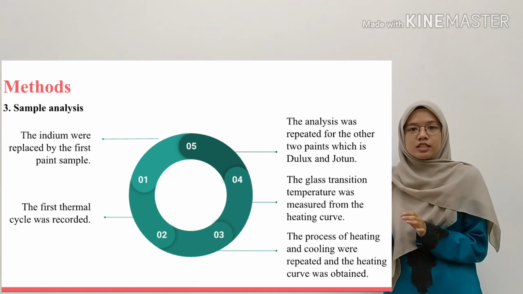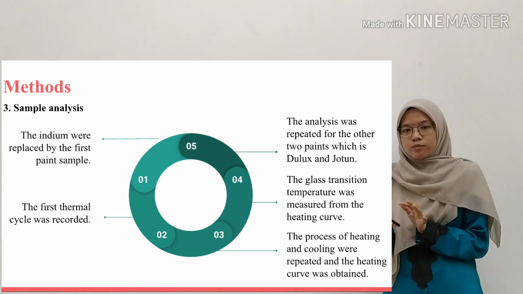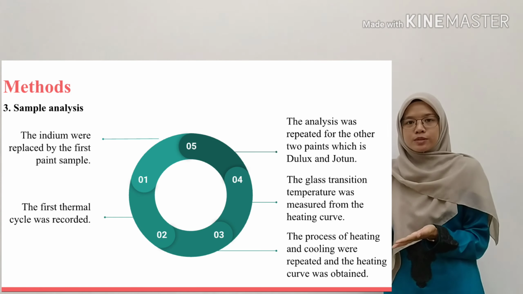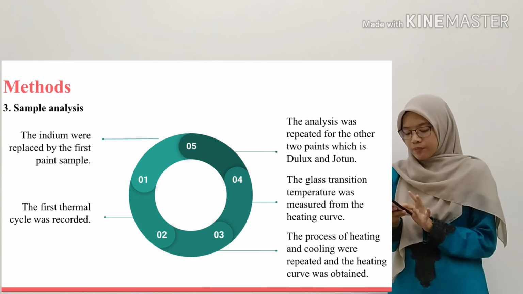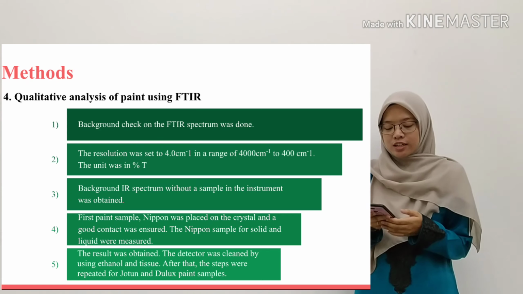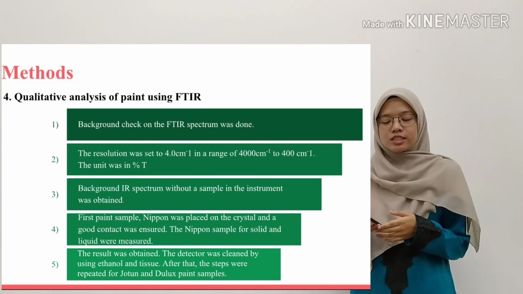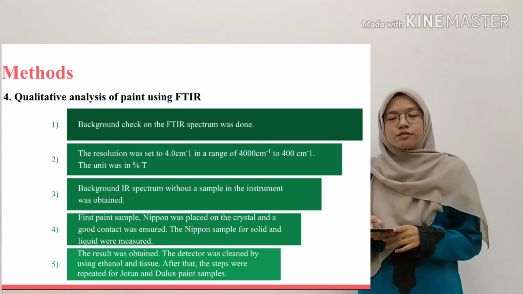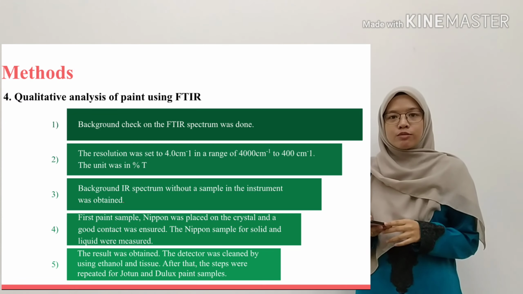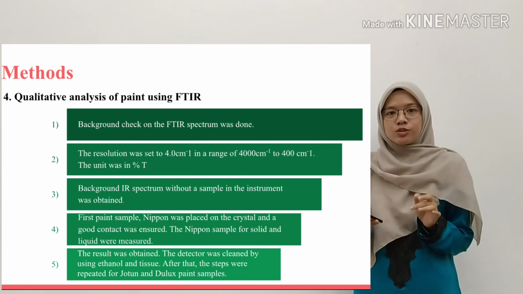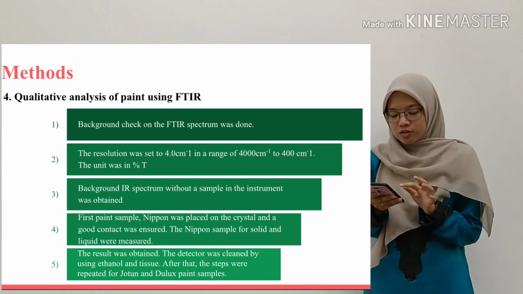We get the heating curve, and the same steps are used for the other sample paints, which are Deluxe and G2&G. For qualitative analysis of paint using FTIR, we first did the background check on the FTIR spectrum, and then we use the first sample paint, Nippon, and place the paint on the crystal, and we ensure that it makes good contact.